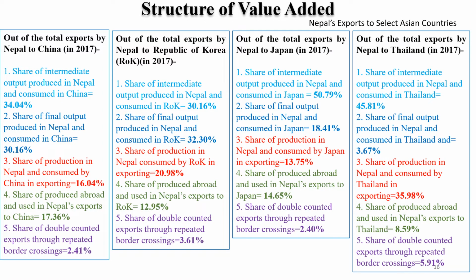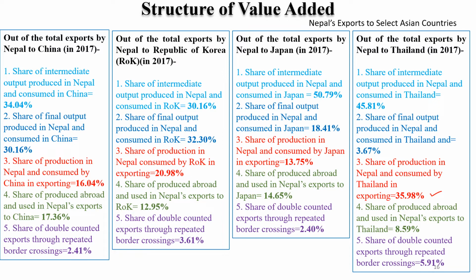If we look at Nepal's exports to select Asian countries, we have considered China, Republic of Korea, Japan and Thailand. We can find that the share of production in Nepal and consumed by China, Republic of Korea, Japan and Thailand is quite high. You can see that the share of production in Nepal and consumed in Thailand in its exporting is around 35.98%, so forward linkages are quite high.